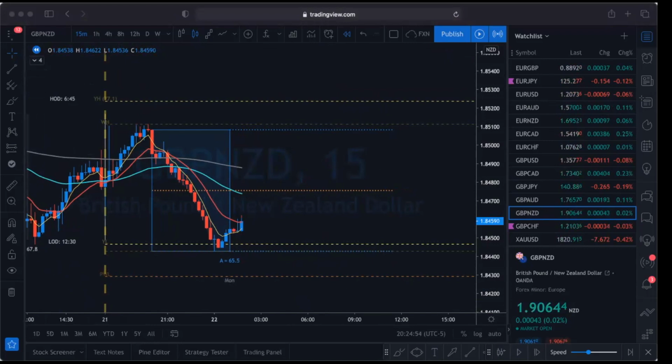So it's not very uncommon to see that type of movement during the Asian session on NZD pairs. NZD AUD pairs would have that, obviously, because the Australian session is happening at the same time that the Tokyo session is going on also. So that's why you will see the movements that it does during the Asian session.